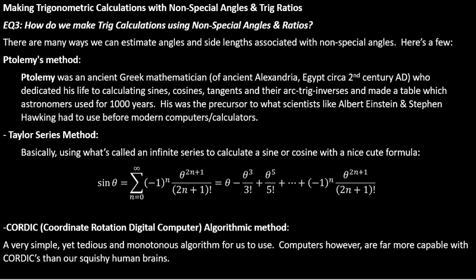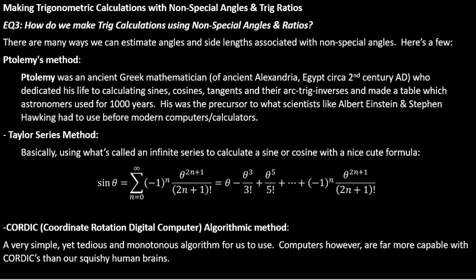All the tables that followed, which famous scientists like Albert Einstein and Stephen Hawking used, were the result of his work. What he did was very, very precise estimations of what they would be. He didn't really get the exact measurements, but he did the best that he could.